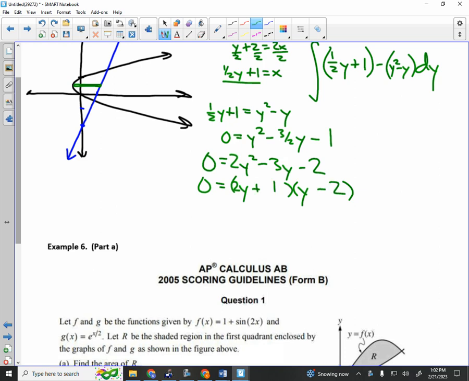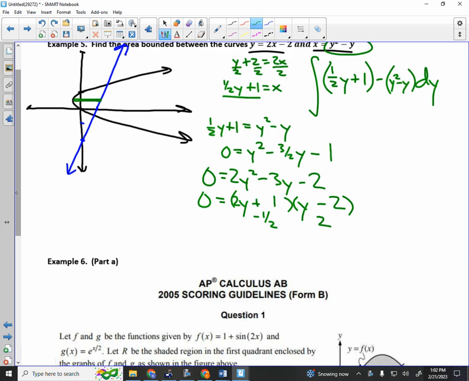Plus 1 minus 2. Yeah, that works for us, doesn't it? So therefore, we have y values of intersection of 2 and negative 1/2.